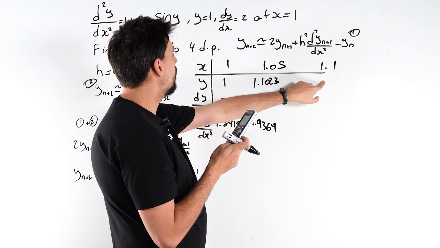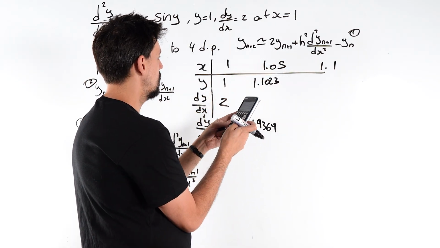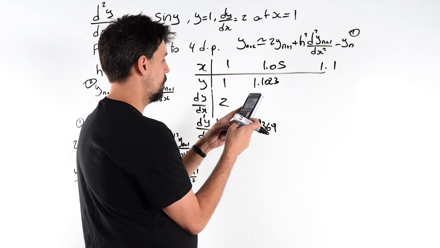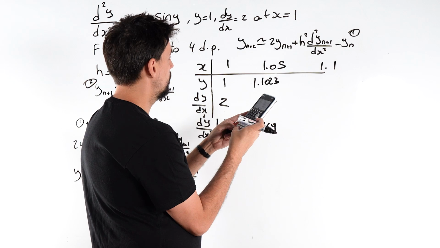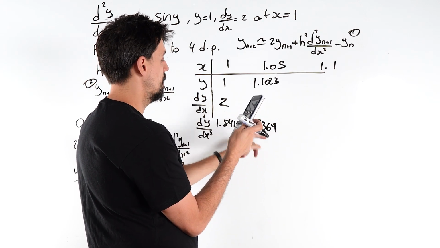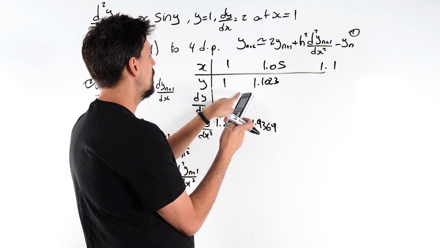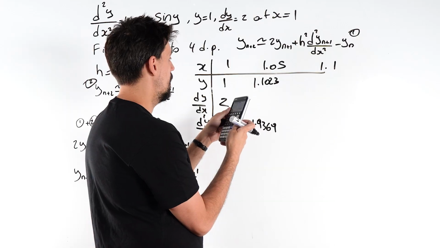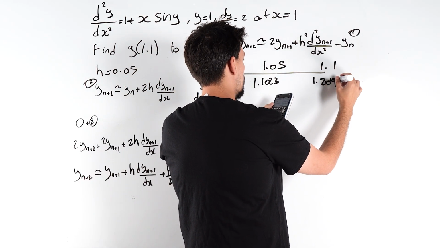And now I can find the y value here at 1.1 using this approximation. So it is twice the previous one, plus h squared times the second derivative minus the previous value of y. And I make that 1.2094.